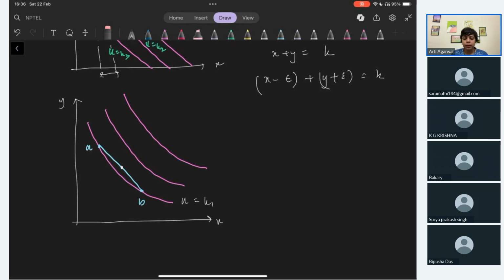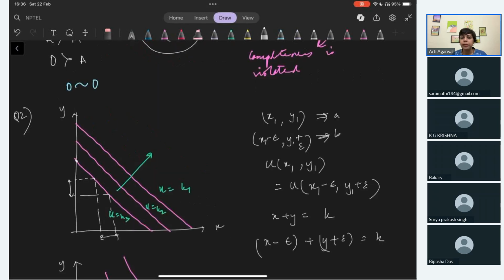Okay, so now in our case, it's just a line fragment, right? And this particular scenario, which by the way is a case of perfect substitutes, would be self-explanatory. You can substitute any amount of X for any amount of Y. In this particular case, it so happens that the person is absolutely indifferent between X and Y because they're perfect substitutes.